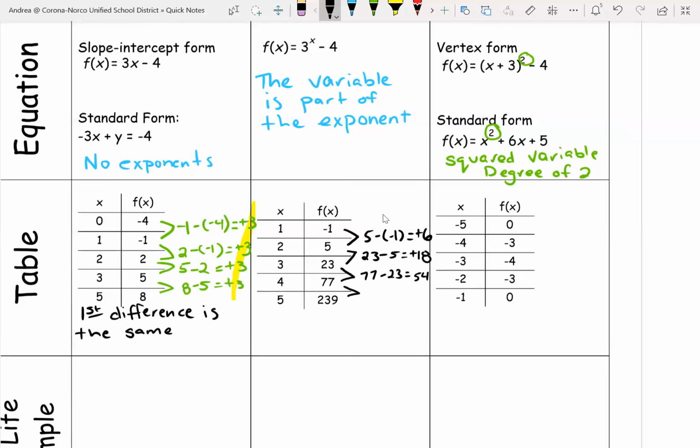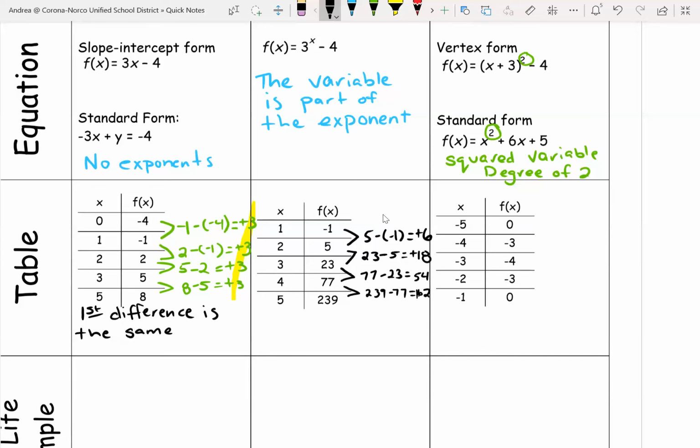And between 239 and 77 is 162. Is that right? 162. Okay. Is that first difference all the same? No. The second difference won't be the same either. But you can notice that it, again, is increasing very quickly.